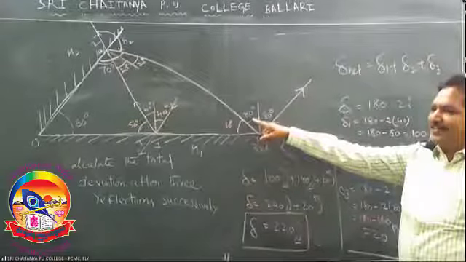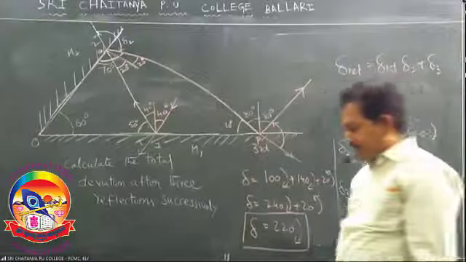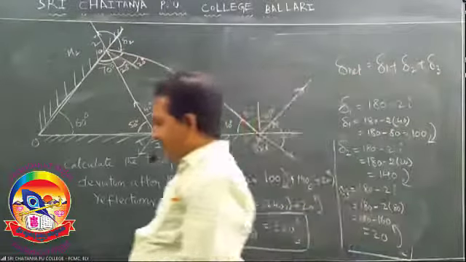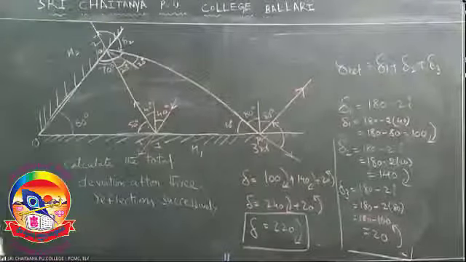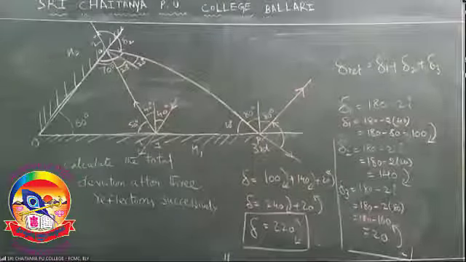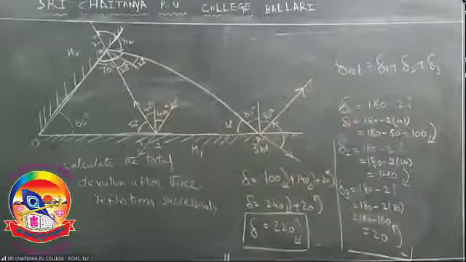So many questions can be asked on this one. Once again, go through this one. Many students ask doubts in the chat box about the three reflections concept. If you keep concentration, it is not a big problem.